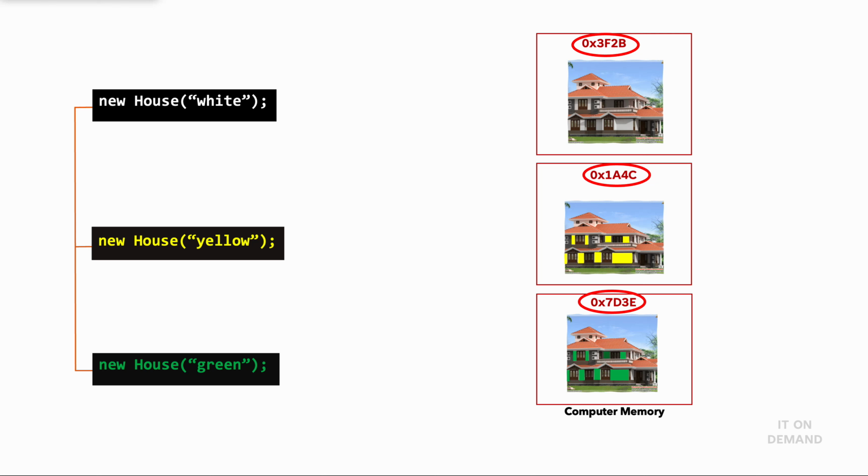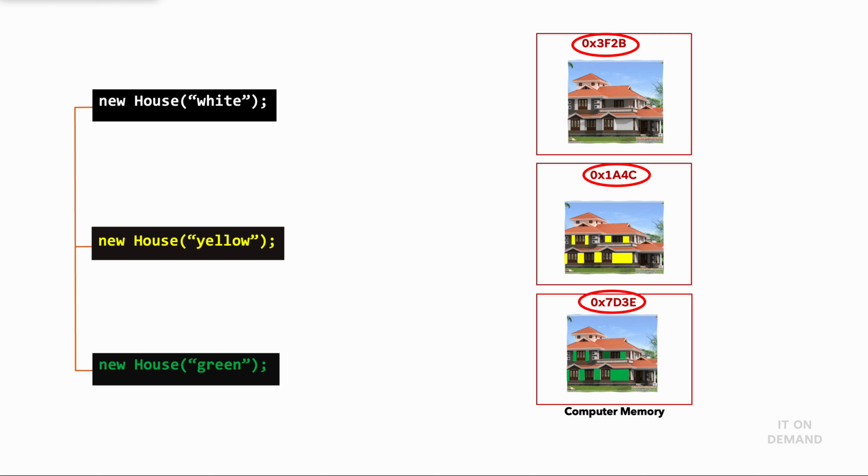This here is what we know as instantiation. So the keyword here to create an instance of a class is the new keyword. The new keyword helps us to create this object. And this is what we know as instantiation.